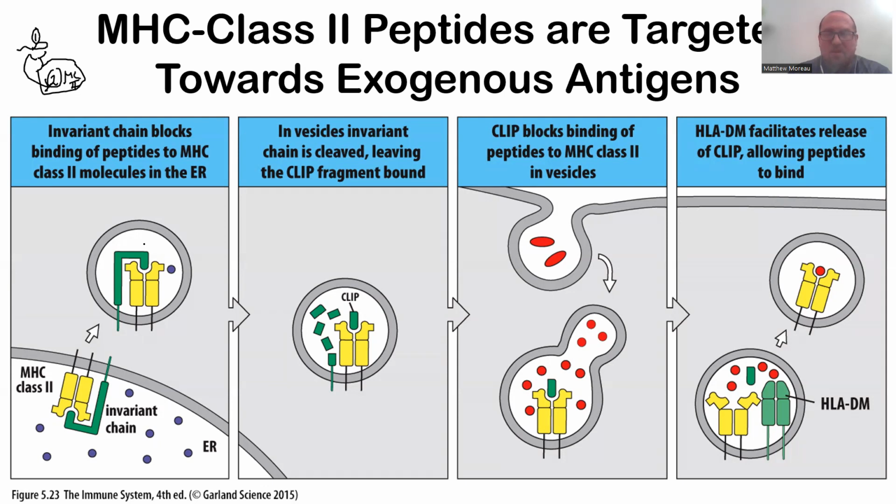And when MHC class 2 is created because of this engagement, it is made with 2 alpha and 2 beta subunits, and then it is bound to and stabilized by this protein called the invariant chain. The invariant chain is then broken up by proteases, and it is cleaved to the point where it leaves only a small fragment called CLIP left inside the MHC class 2 molecule.